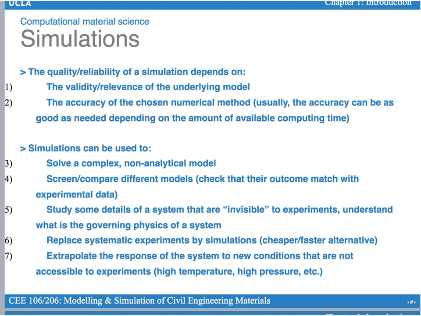Then you can quickly screen and compare those different models, analyze their outcome by solving them numerically, and check which one gives the best agreement with experiments in order to check what are the right assumptions, which model is the most accurate representation of reality. So this is useful to assess different competing models and see which one is the most accurate.